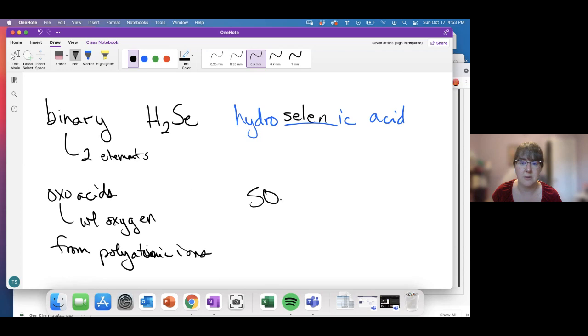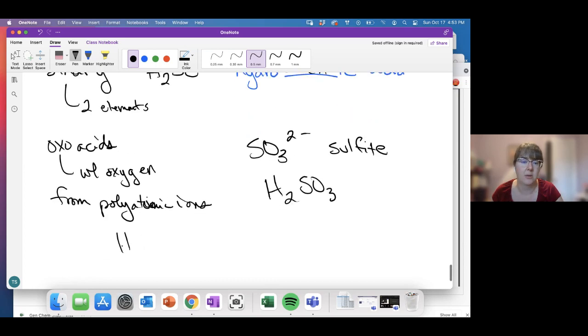So for example, here is sulfite. It has a -2 charge. I'm going to add 2 hydrogens to it to cancel out the charge, because we are essentially adding H+ to cancel out the charges.